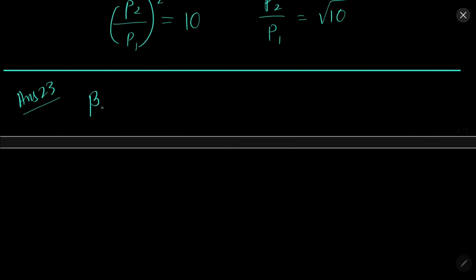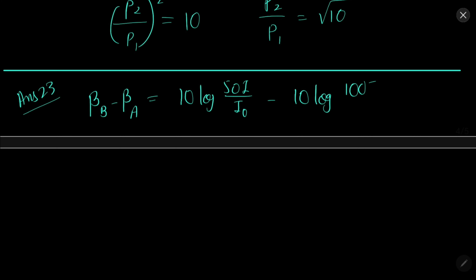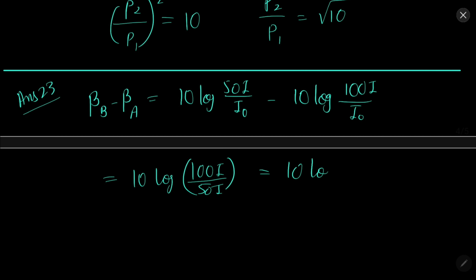So in this case, beta B minus beta A will be 10 log 100 I over I naught minus 10 log 50 I over I naught. That is 10 log 100 I over 50 I, 10 log 2 which will give us 3. So beta B will be 50 plus 3, that is 53 dB.